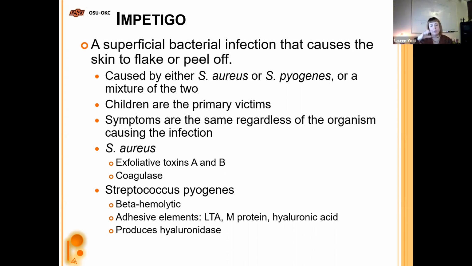And then it produces something called hyaluronidase, and hyaluronidase is an enzyme. If it ends in -ase, that means it's an enzyme. And enzymes are proteins that break things down into smaller parts.